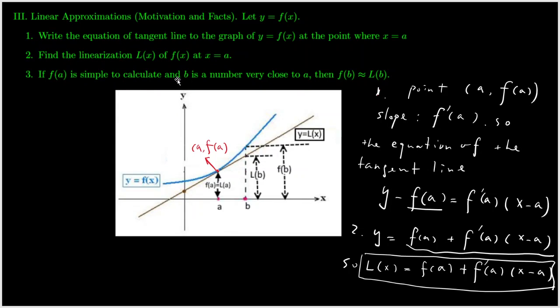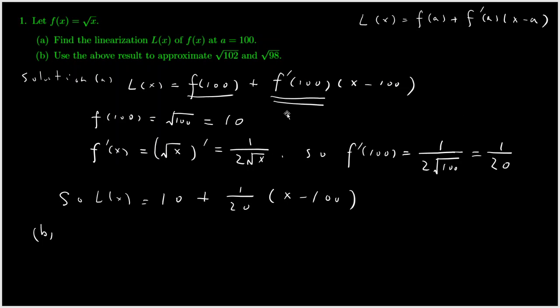And the other condition is that b is a number very close to a. In this case, we treat 102 as a number very close to 100. If the x value a is 100, then you treat 102 as the value of b. 102 is a number very close to 100, right?